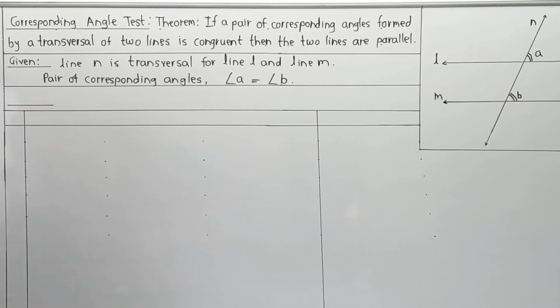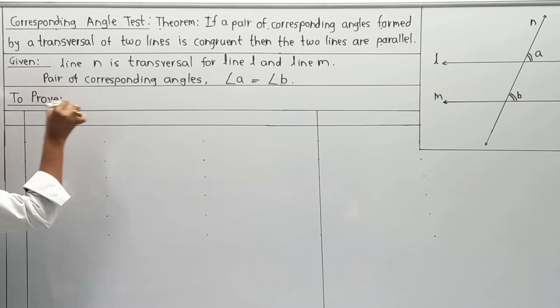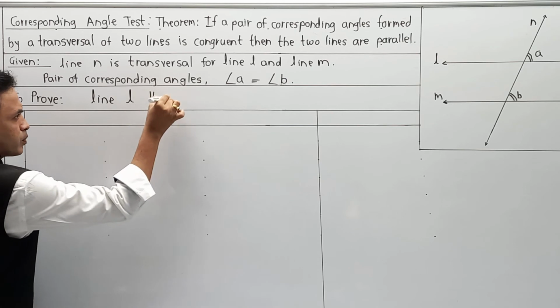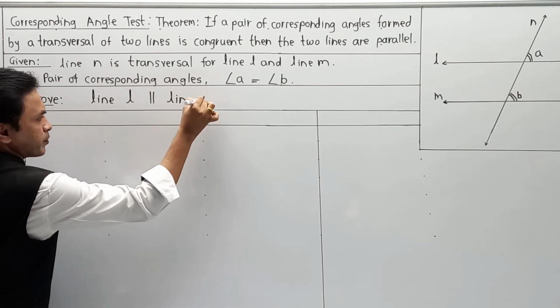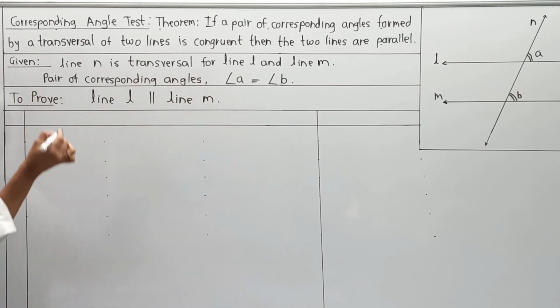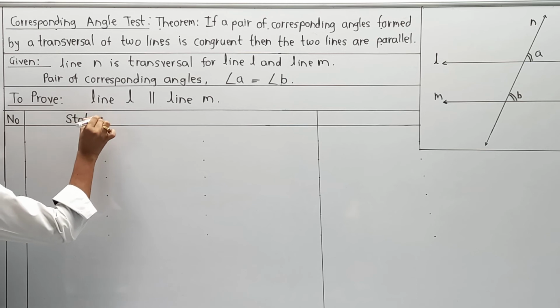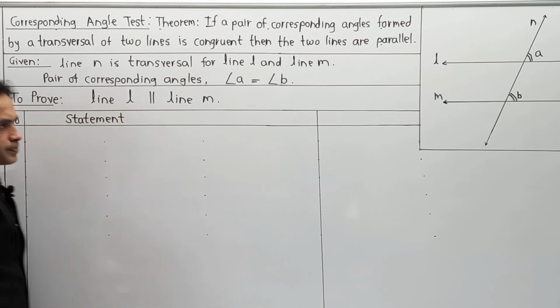Now we have to prove that line L is parallel to line M. So, to prove: line L is parallel to line M. Now this we have to prove in the form of numbered statements and reasons.